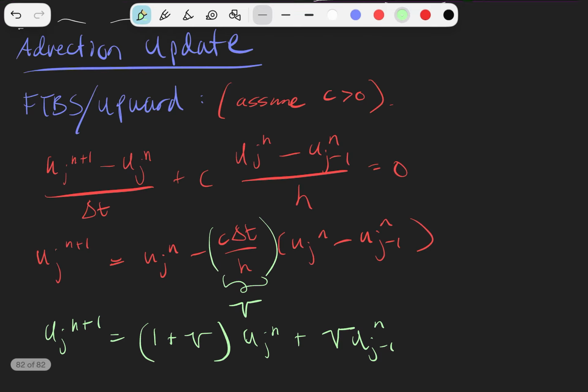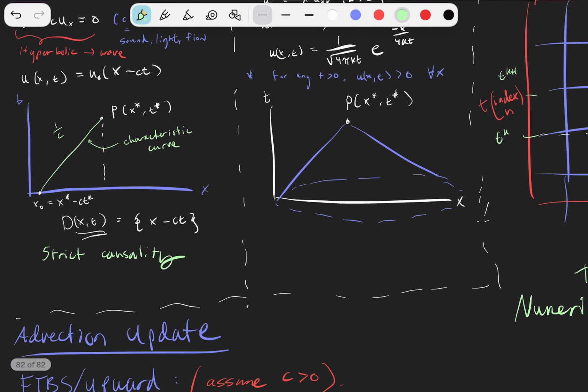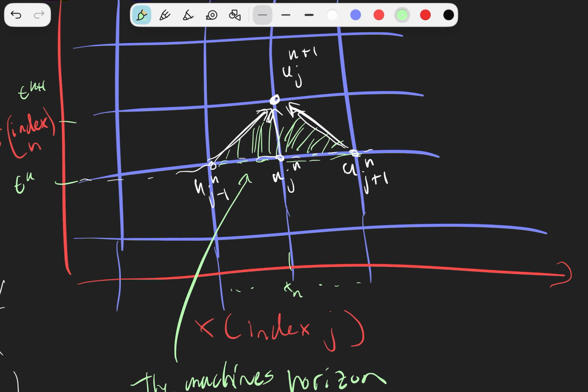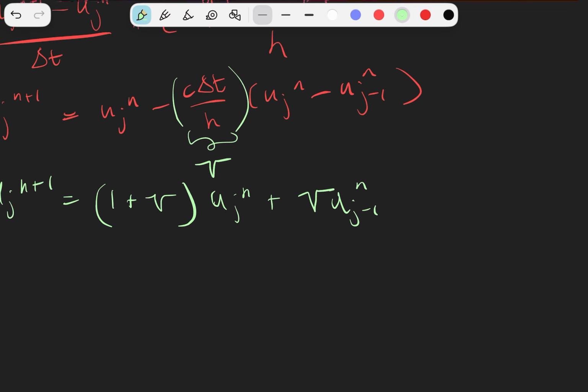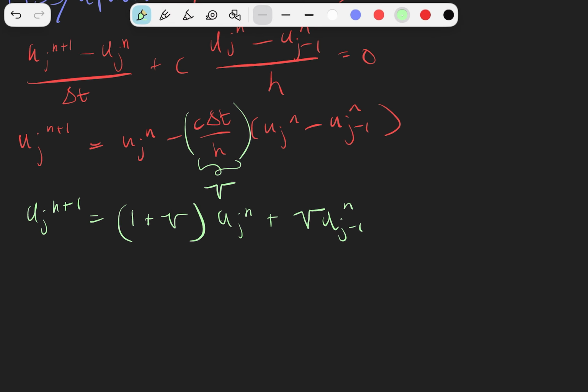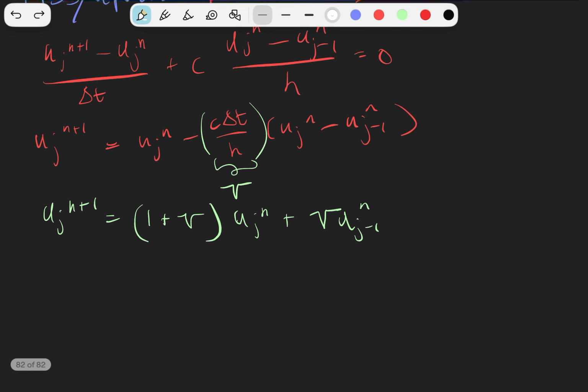We're respecting advection, or attempting to transport across this grid with this scheme. This is an encoding of transport from some initial condition to some final condition along a characteristic. It looks like literally a characteristic, parameterized by this constraint here. Nu is what we call the Courant number. Hopefully I spelled that right.